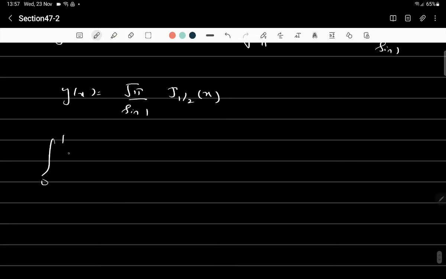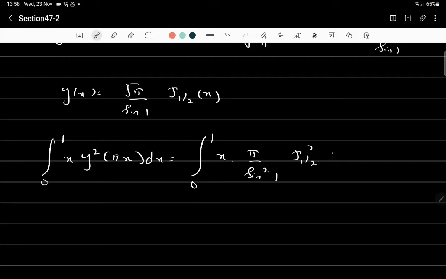Now I want to find the integration of x y square pi x dx. So x and y square means pi by sine square 1 and J half square pi x dx. We already know J half x. So in J half x we replace x by pi x.